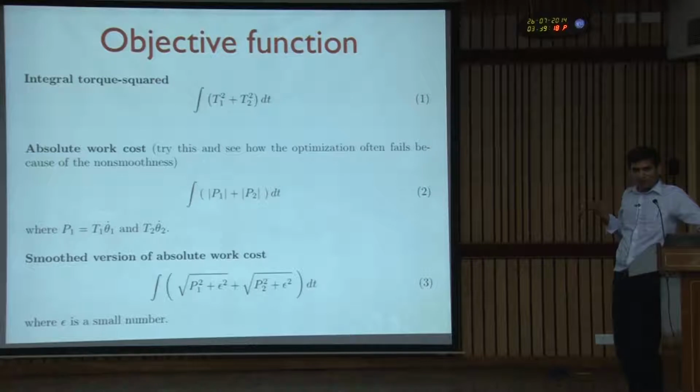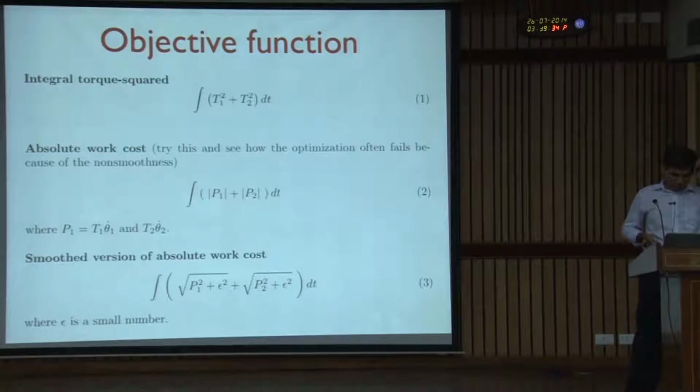If you're building a robot and you want to minimize the electrical power, the total electrical work, at least a reasonable approximation for a reasonable class of electric motors is that the cost is torque squared.